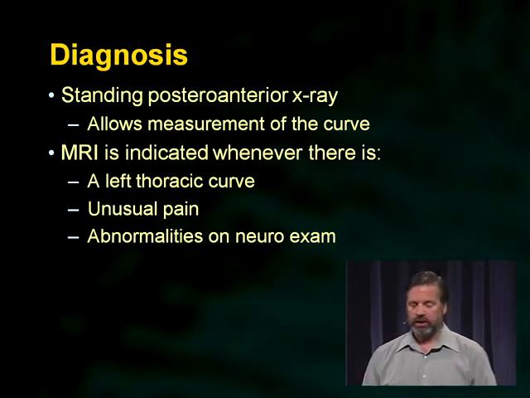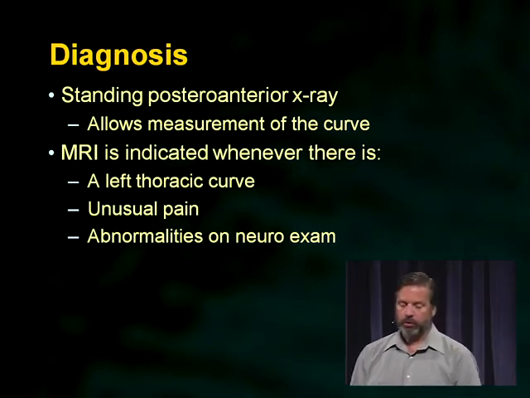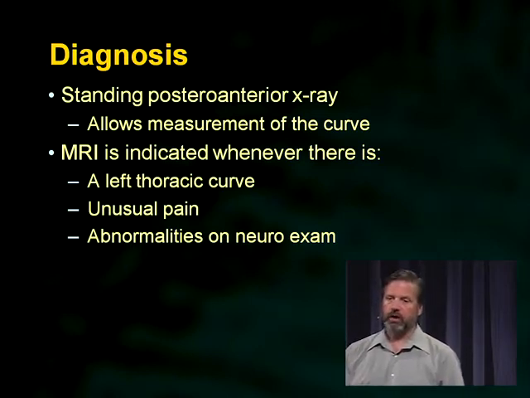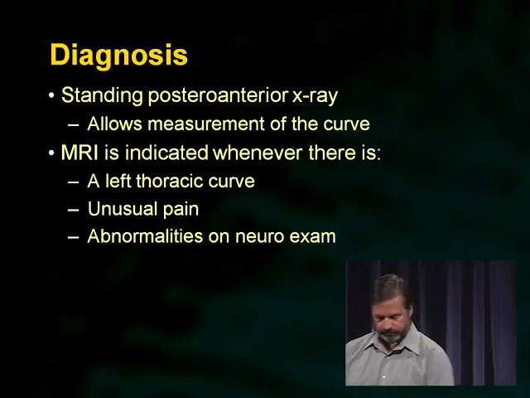So when you're trying to make a diagnosis, what you're most interested in is the measurement of the curve. And there are standards in radiology for how to measure this. If you do a posterior or anterior x-ray of the patient in the standing position and ask your radiologist to measure the scoliotic curve, they have a standard way of doing that.